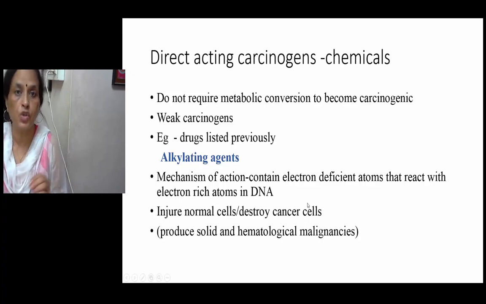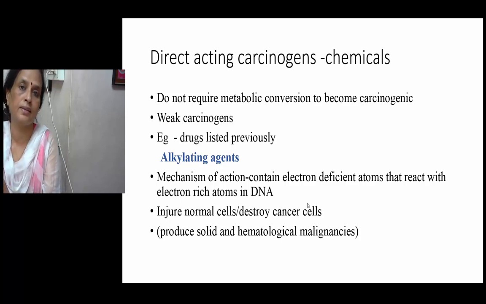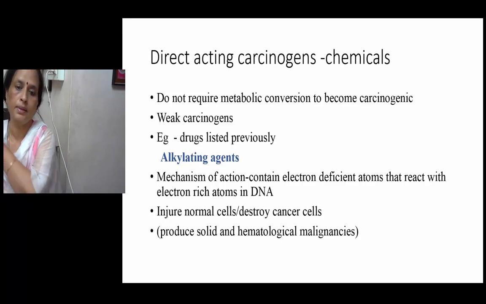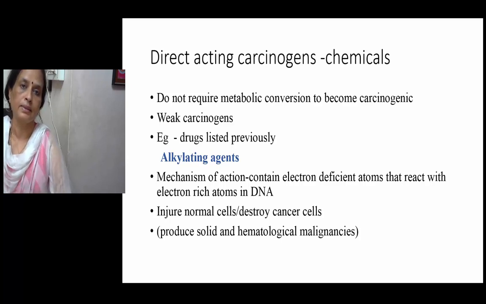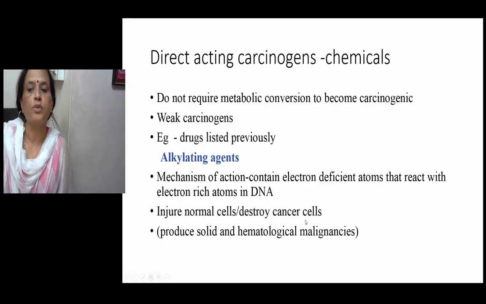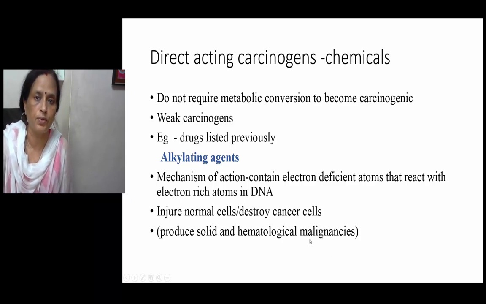Thereby they injure the normal cells and not just destroy the cancer cells. So while destroying the cancer cells, they also damage the normal cells. That's why secondary tumors develop, solid and hematological malignancies, secondary to these drugs which are used.